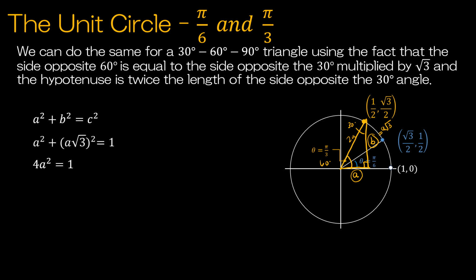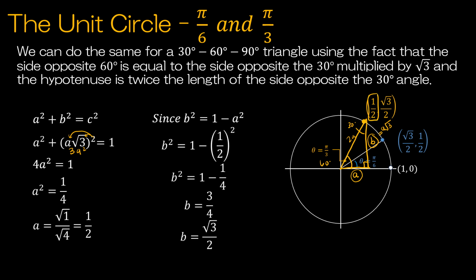So if I square this, this would be a squared, and then radical 3 times radical 3. So this actually turns into 3a squared, and that's why I was able to add them together to get 4a squared. I'm going to divide each side by 4, take the square root, and I end up with a is 1/2. So again, the x value is 1/2.